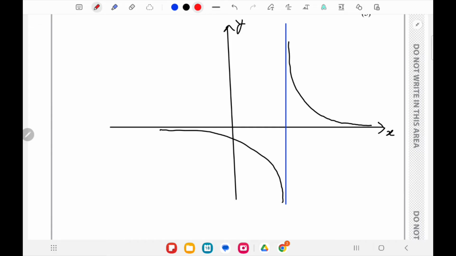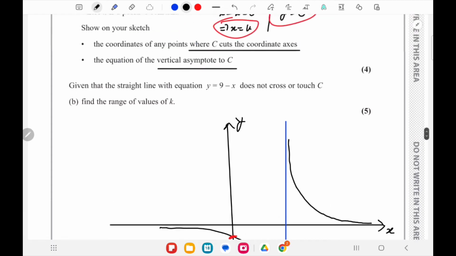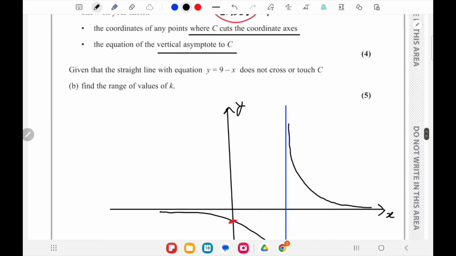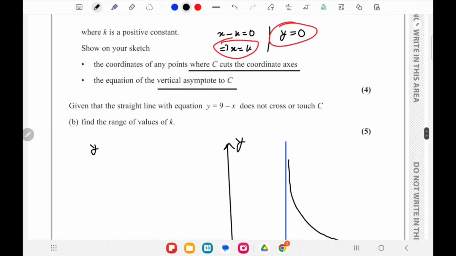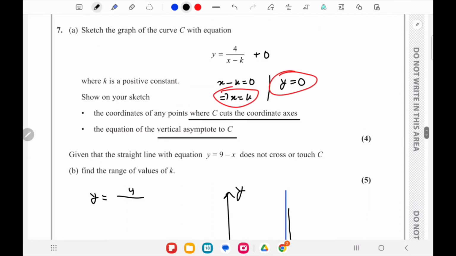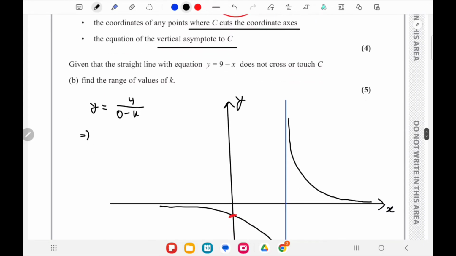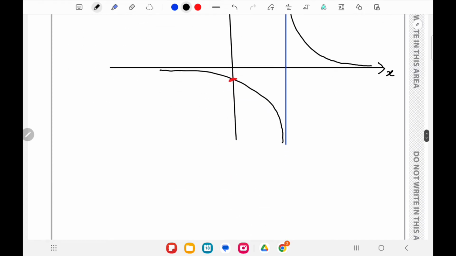Now we need to find the coordinate of this point, so let's just calculate it. At x equals 0, y is 4 by 0 minus k, so y equals minus 4 by k.